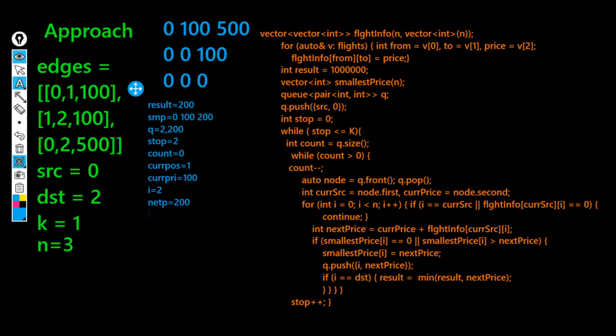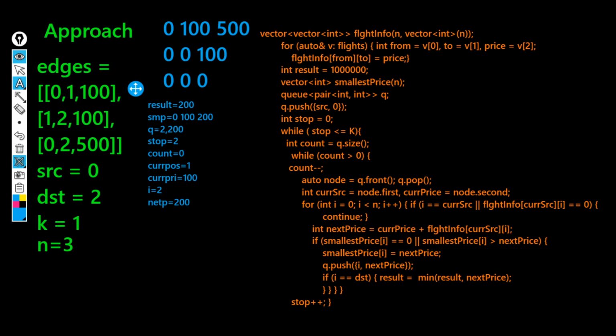Now the condition, stop should be less than or equal to k, becomes false, and the loop will be terminated. So till now, the main thing is that we have result as 200.